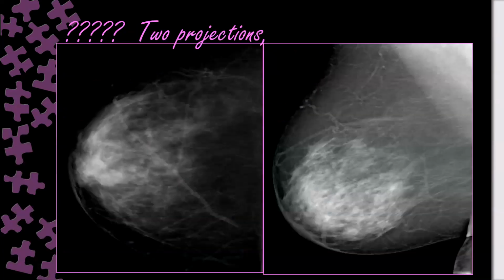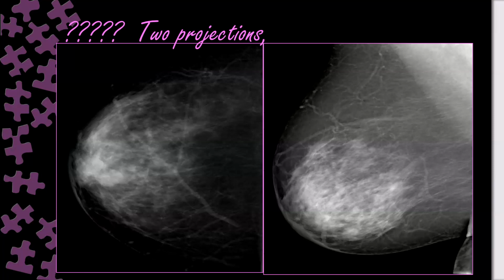And we said why we need 2 projections. Can you tell me one reason in this image why we need 2 projections? Because the breast is a 3D organ.